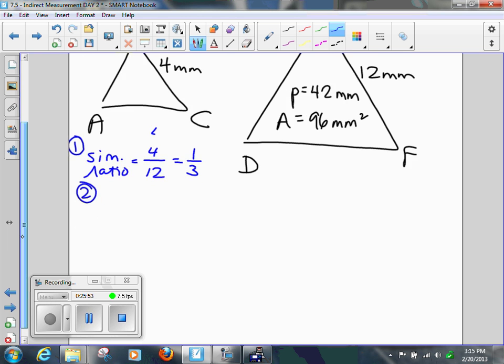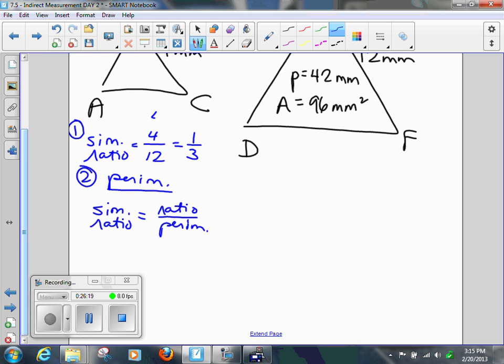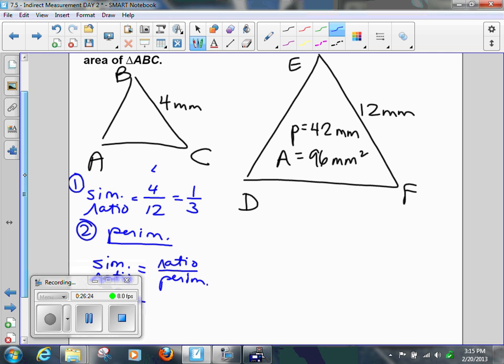Second thing I did is I said, okay, let's look at the perimeter. Well, I know that my similarity ratio is equal to the ratio of my perimeters. Okay? That means that 1/3 is equal to, where did the 1 come from?